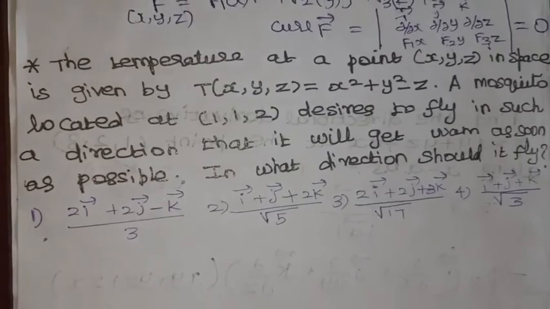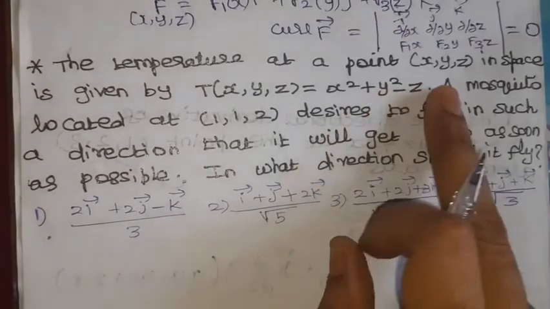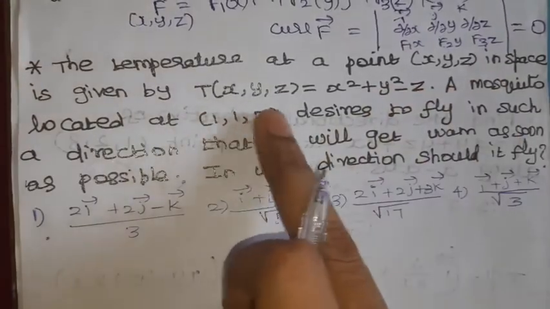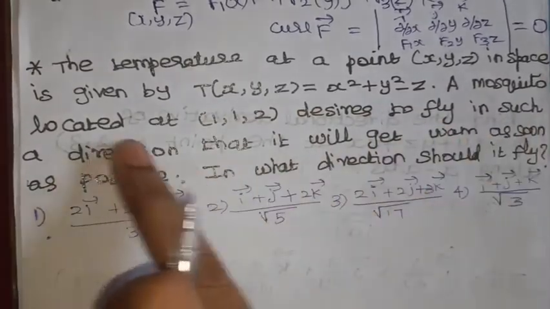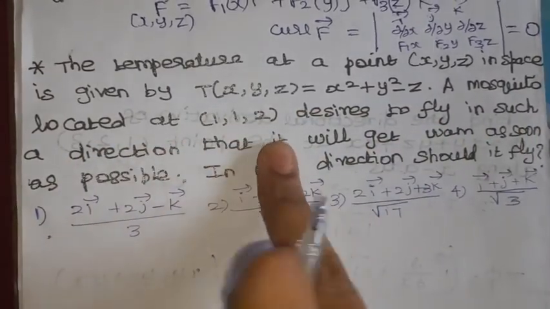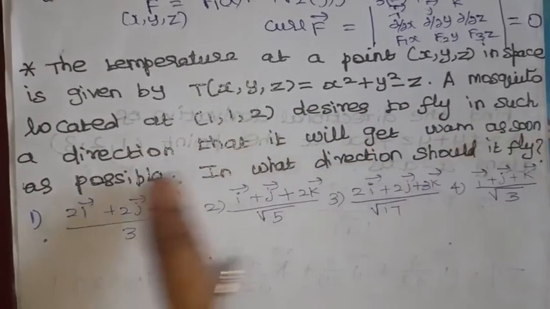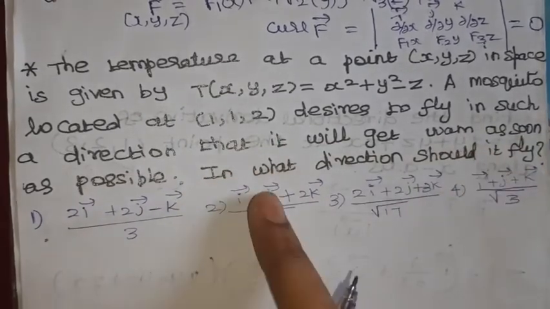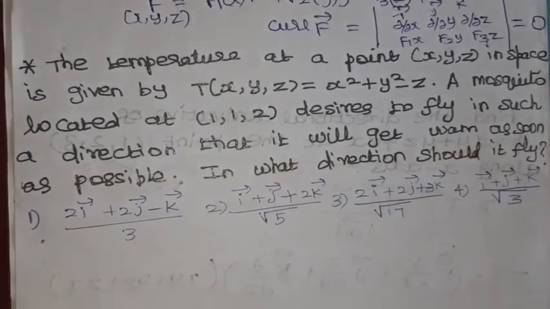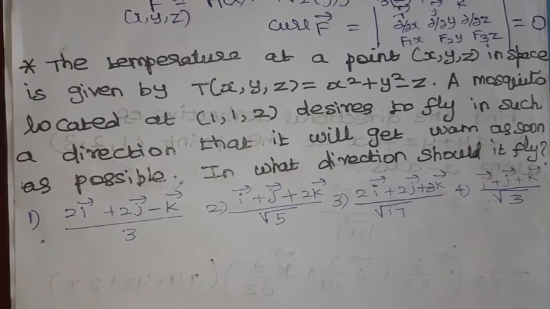Then the temperature at a point (x, y, z) in space is given by T(x, y, z). A mosquito located at one given point decided to fly in such a direction that it will get warm as soon as possible. In what direction should it fly? So it is not the directional derivative, it is the maximum direction.